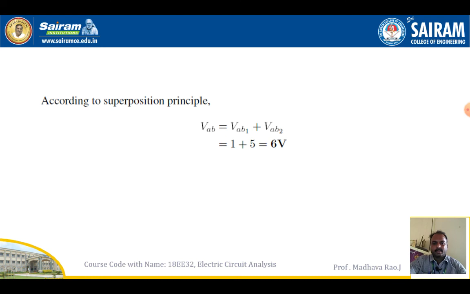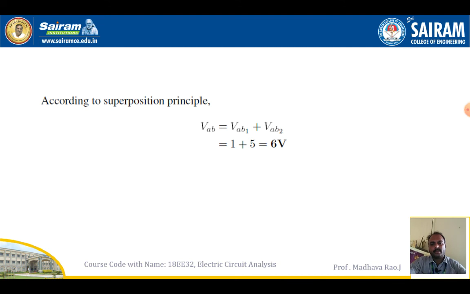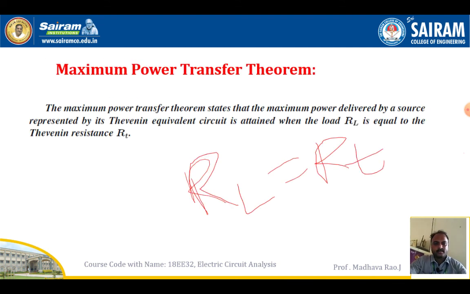The maximum power theorem states that the maximum power delivered by a source represented by Thevenin's equivalent resistance is attained when the load resistance RL is equal to the Thevenin's resistance RT. So RL is equal to RT, then maximum power will be delivered. This is the statement of the maximum power theorem.